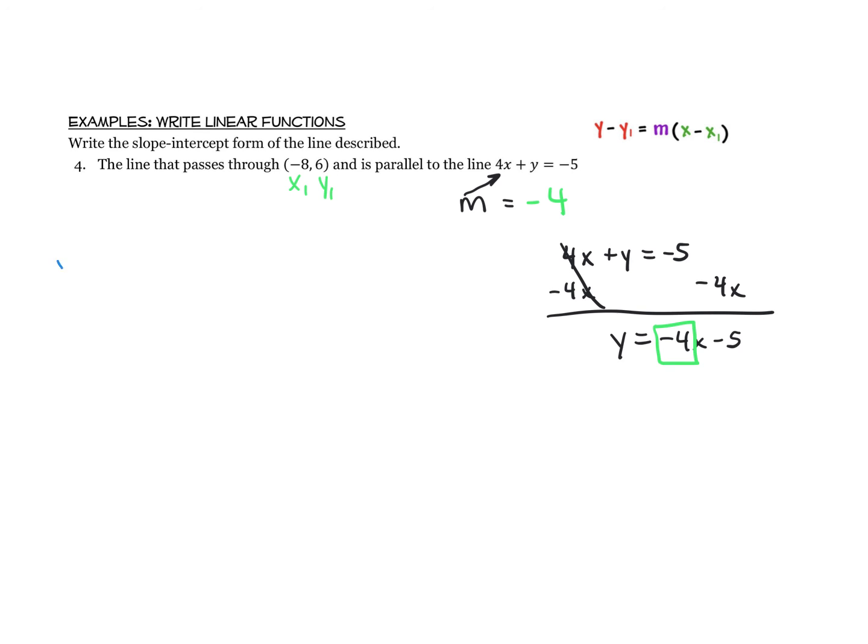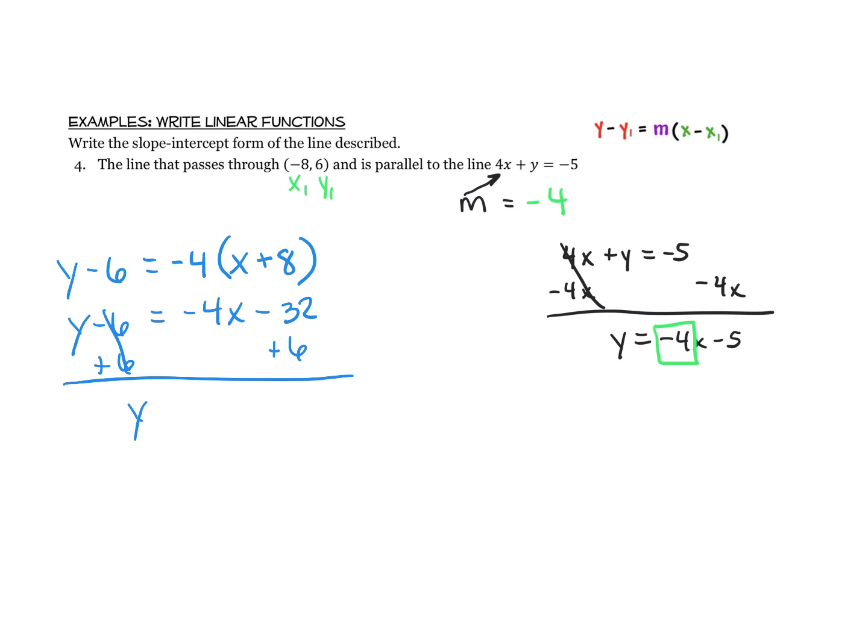So let's plug in: y minus 6 equals negative 4 times x plus 8. All right, so we now need to distribute: negative 4x minus 32, and we add 6 to each side.